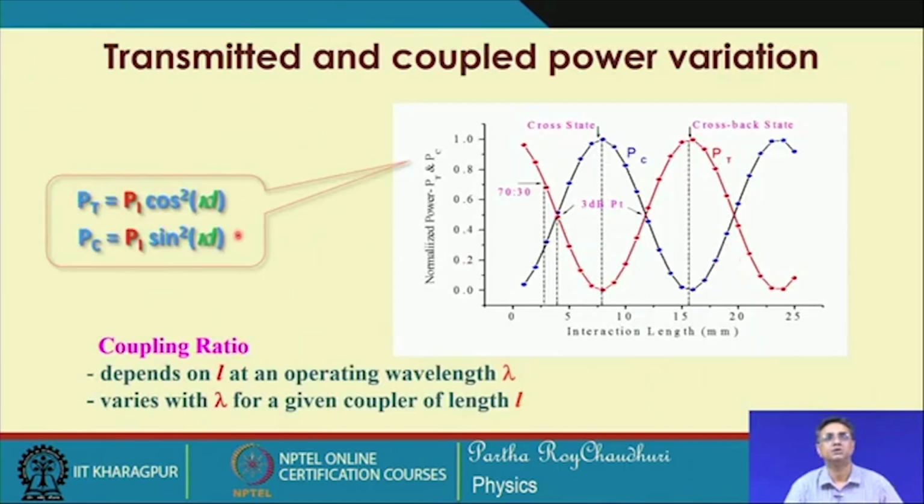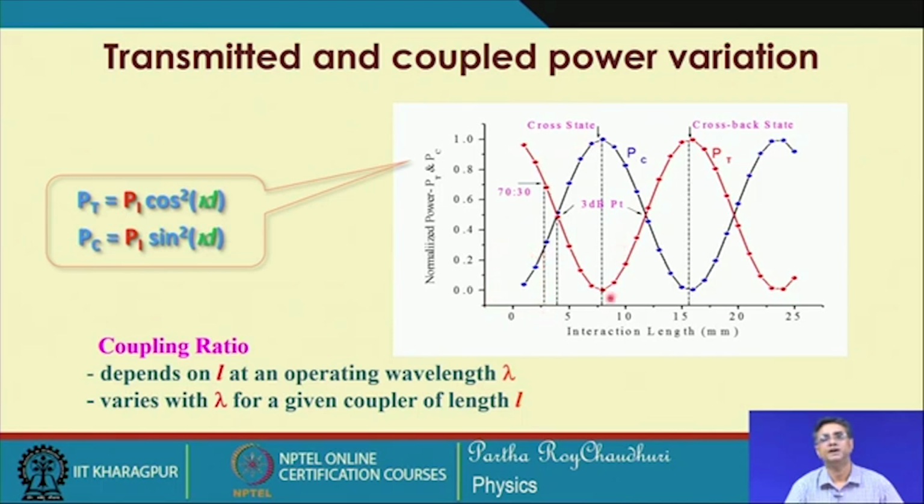This power transfer, as we have seen, can be represented by the sine square cosine square function, and you can see that the input power is maximum at z equal to 0 when the length of interaction is 0. Then there is a periodic exchange of power between the two waveguides. This is the cross state, this is the cross back state, and you can see that it gives rise to a 3 dB power, that is 50% power splitting at this length of interaction. You can also have any desired ratio, 70-30, 20-80, any ratio; you will just have to restrict the length of interaction.